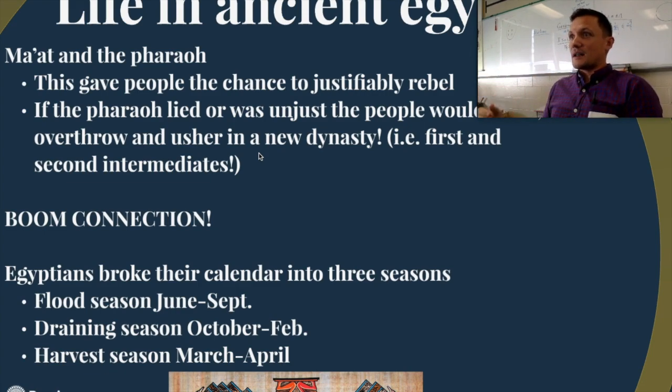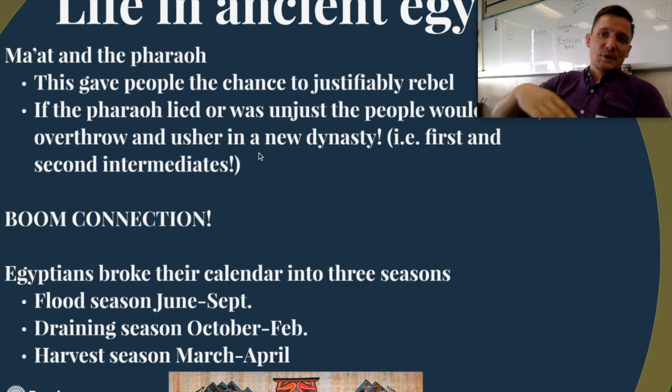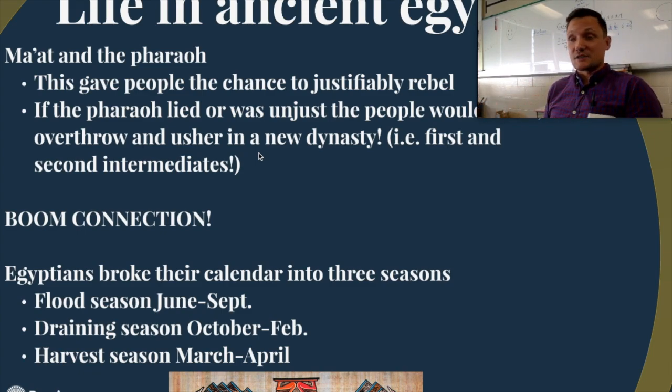And then you've got somebody in my honors class, Sean Martin, who stands up and is like, this is garbage, and he leads a revolution against me and overthrows me and becomes the new ruler of the classroom, right? Well, here's the thing, though. To bring balance, I violated Maat by being mean to my subjects, right? So if the pharaoh lied or was unjust to his people, he was overthrown to usher in a new dynasty, right? So, boom! That's a huge connection, right?